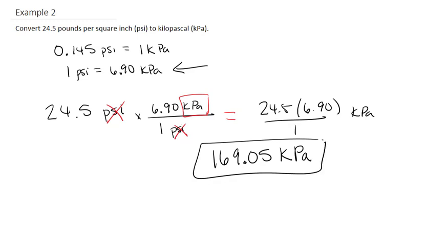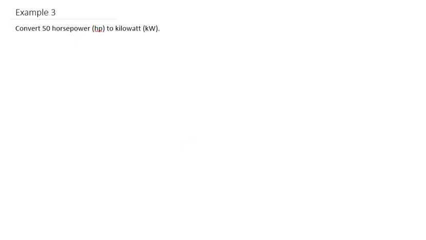So now let's do another example. Example 3, convert 50 horsepower to kilowatt. So we know that 1 horsepower is equal to 746 watts. But notice that this is kilowatts. So we also need to know how we can get from watts to kilowatts.